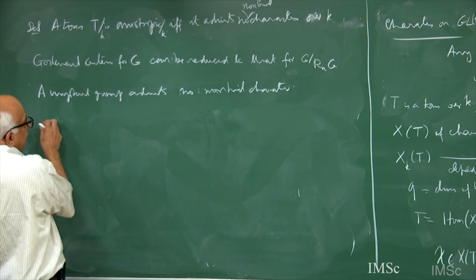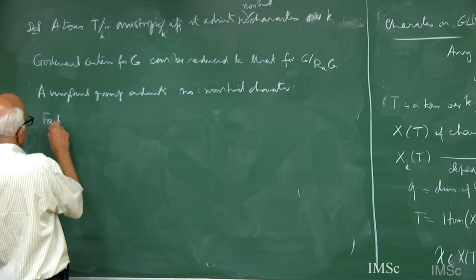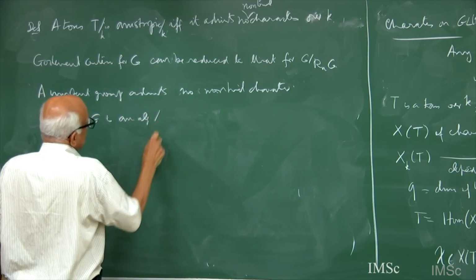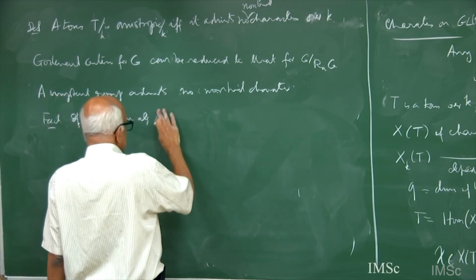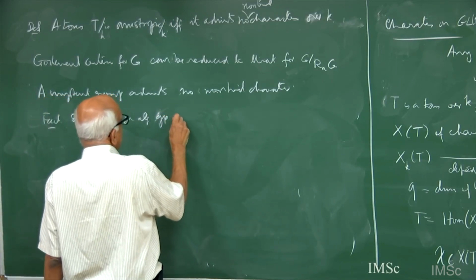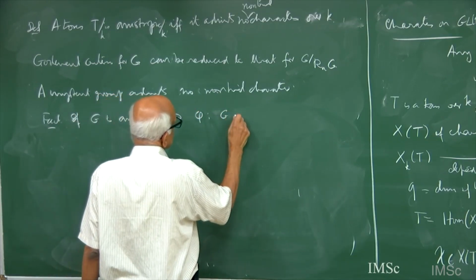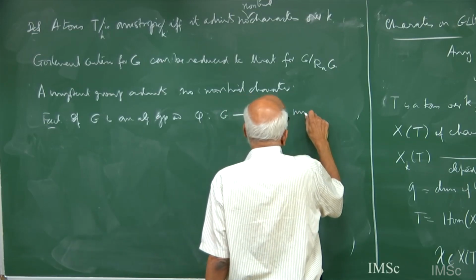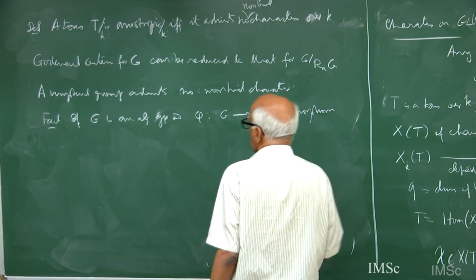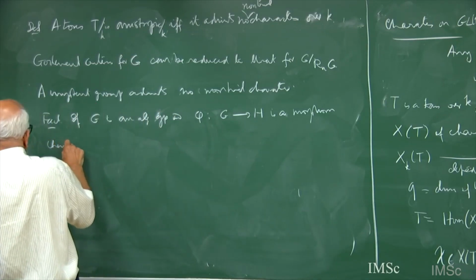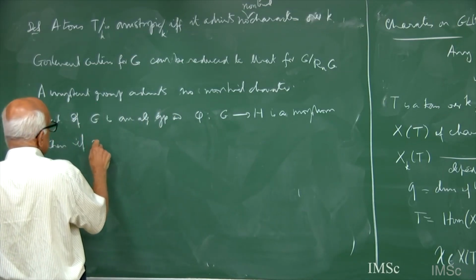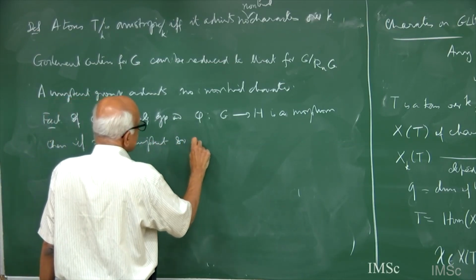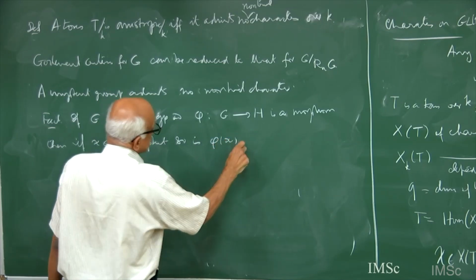This is a consequence of the following fact. If G is an algebraic group defined over a field, and phi from G to H is a morphism of algebraic groups, then if X in G is unipotent, so is phi(X).